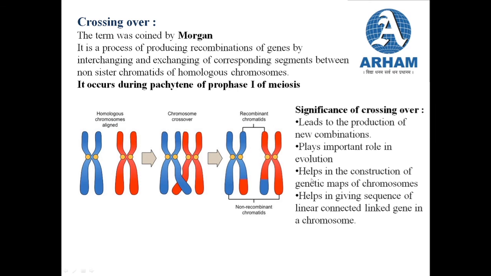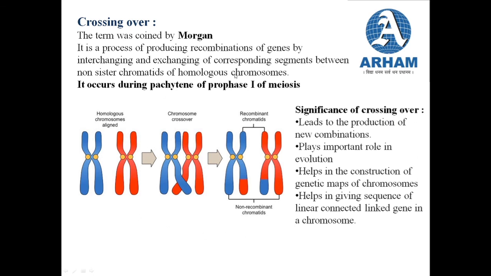The next is that the crossing over frequency helps in the construction of genetic maps of the chromosomes. And the last is that it gives us the sequence of linearly connected linked genes on a chromosome. So these are the 4 significances of crossing over.